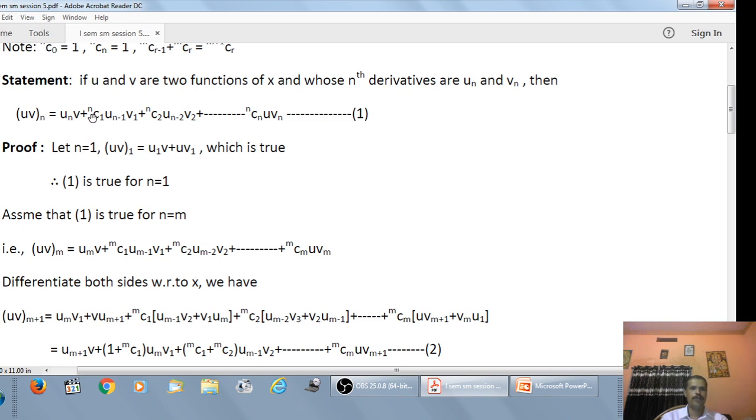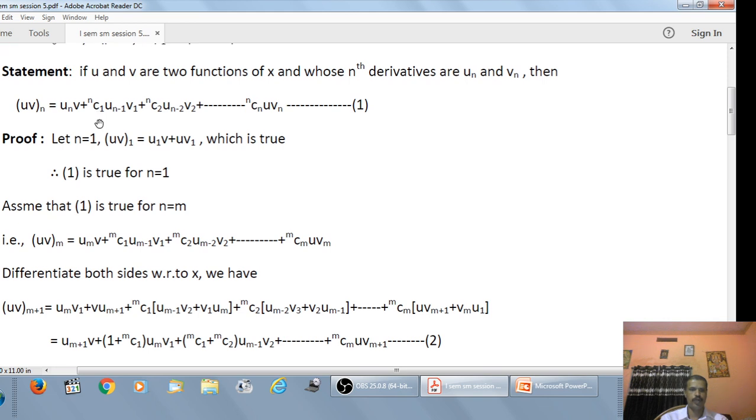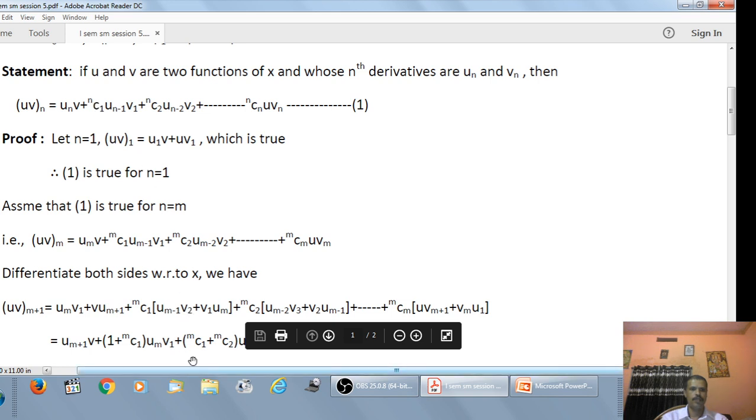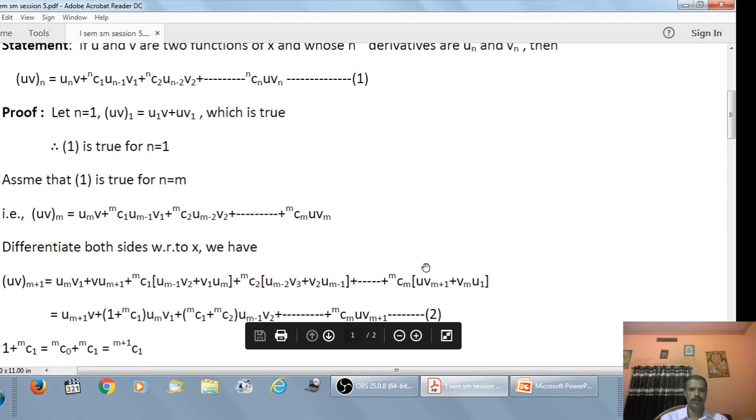When n is replaced by m plus 1, in the first equation it will be m plus 1 C1. So I should get 1 plus mC1 as m plus 1 C1. Similarly, this combination should be equal to m plus 1 C2. And similarly, this combination mCm, I should get as m plus 1 C m plus 1.